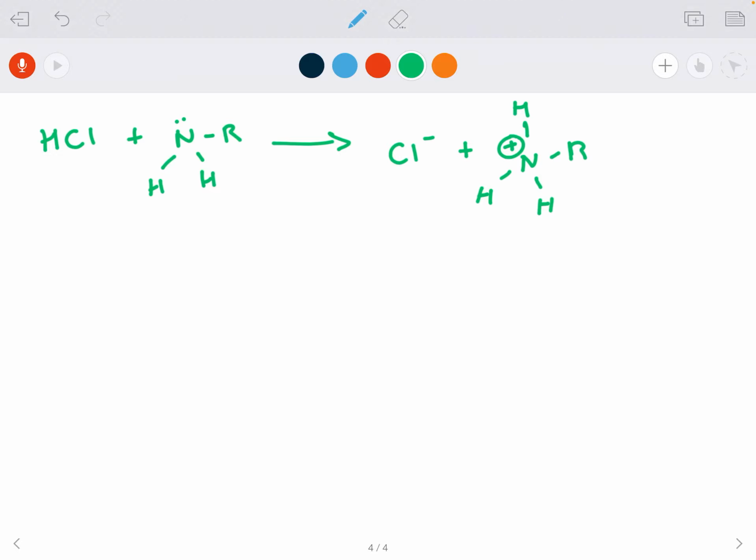So the reason that this one is favored is, if you remember, this isn't even an equilibrium, right? Because it's a strong acid. But we're favoring whatever has the weaker acid and the weaker base.